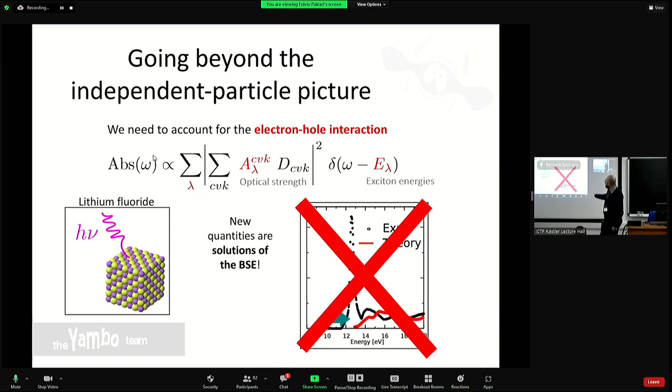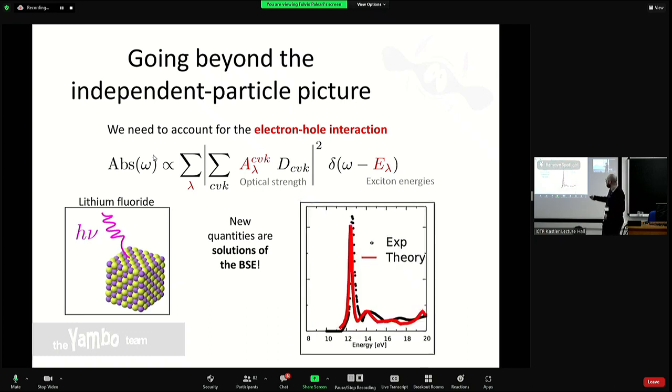And the energy of the transition is not anymore the valence to conduction transition energy, but this new exciton energy. So these red quantities that I am outlining here come out of the solution of the Bethe Salpeter equation. And you see that if we apply this new expression, then in this case of lithium fluoride, we get a pretty good description of the optical absorption spectrum.